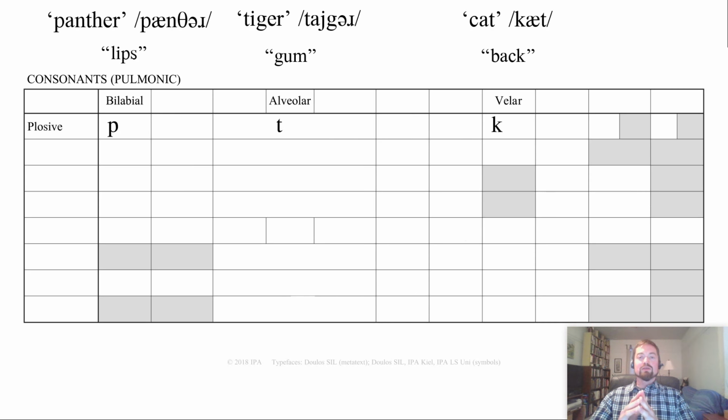These are the only three plosives, three locations for plosives that we have in English, but you can imagine if by placing your tongue in other places, you can possibly make other plosives that are made with other parts of the mouth that you can find in other languages. But we'll get to that later.